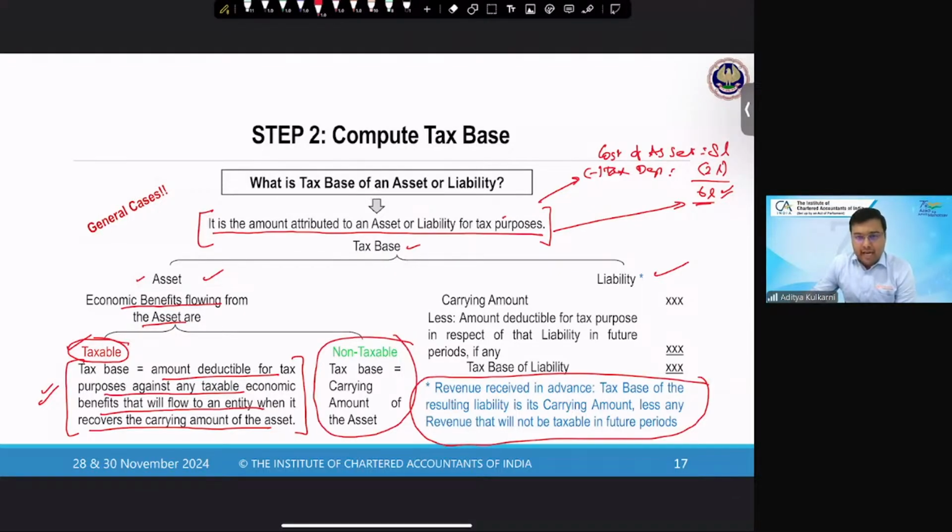Tax base of a liability is defined as the carrying amount of the liability less any amount deductible for tax purposes in respect of that liability in future periods, if any. So the liability definition is not direct. The definition is carrying amount minus amount deductible for tax purposes in respect of that liability in the future periods.